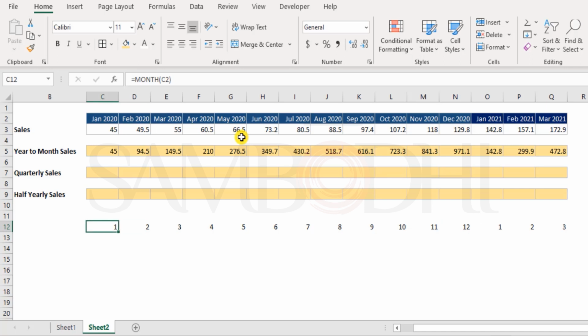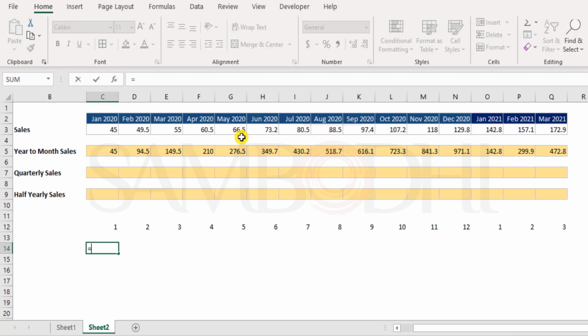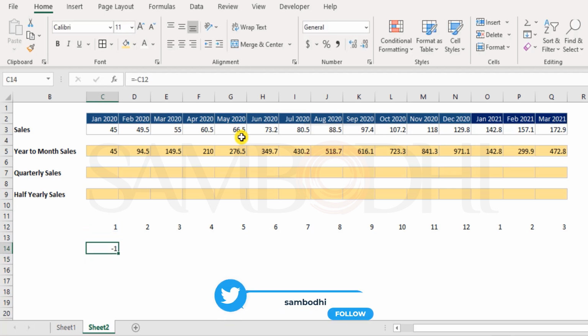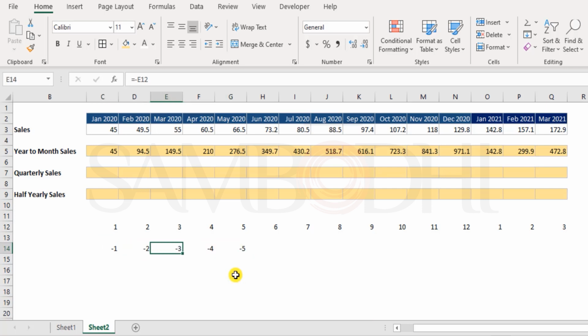But how did it help with the width? Now, when I specified the width with a minus and this month, it's -1, so it is only selecting one cell. But the moment you come to the next few months, let's say we are talking about the third month, the width is -3, which means sitting over here, the offset function will select the last 3 cells, the current and last 2 cells.